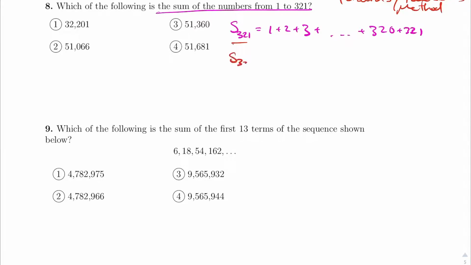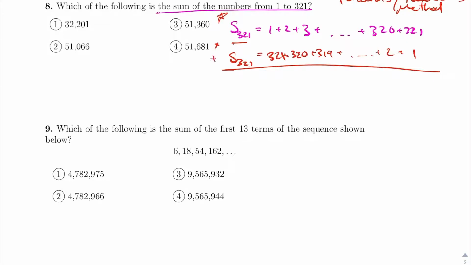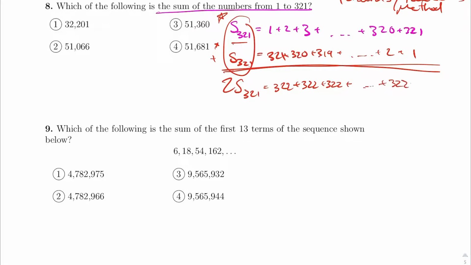So we'll write the exact same series of numbers below. 321 plus 320 plus 319 plus ... plus 2 plus 1. But we're going to write it forwards here and backwards here. Now we sum these two equations together. That gives us 2 copies of this equals 322 plus 322 plus 322 plus 322 plus 322.